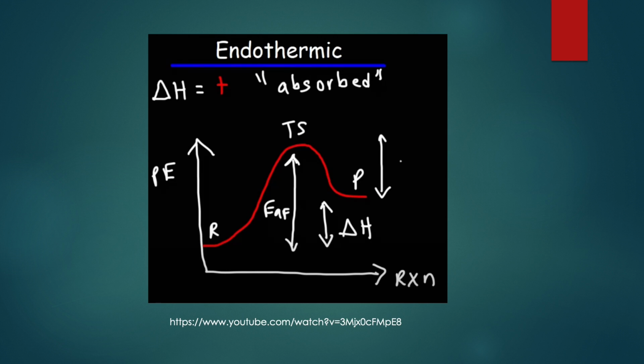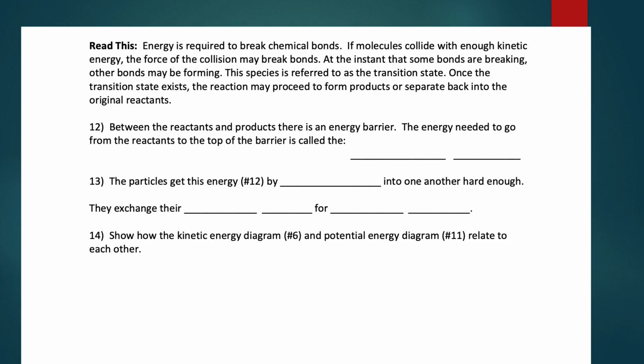So here's a picture from that video that I have linked there, and this is just a cutaway, so the students can actually use this to help them draw a potential energy diagram in case they have forgotten. So read this.